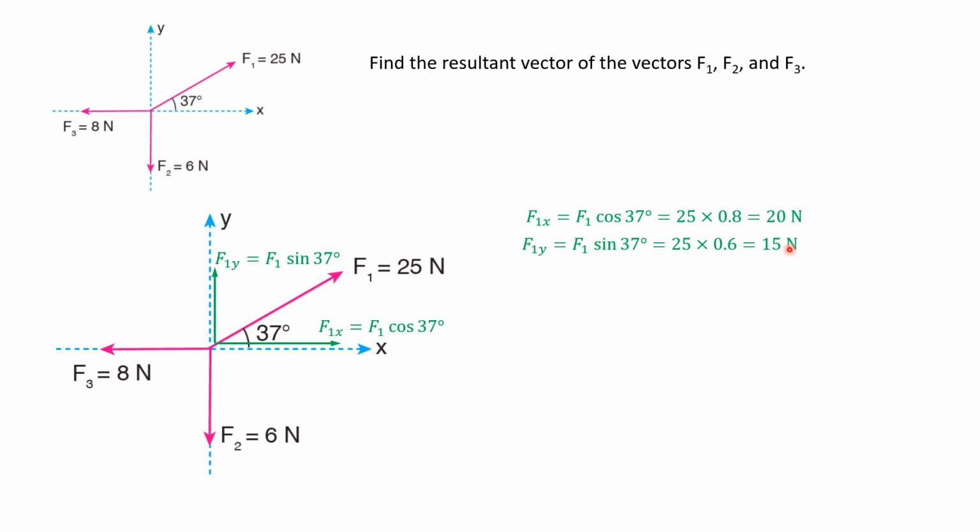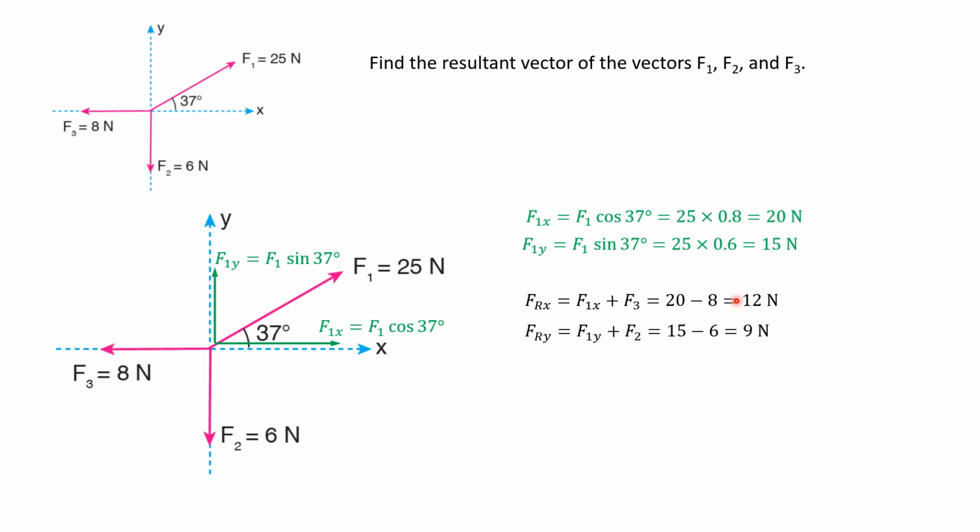Now, let's calculate the x and y components of the resultant vector. Again, for the resultant vector, as we did earlier, the x component is just f1x plus f3. f1x is 20 newtons, which we just calculated here, and f3 is minus 8 newtons because it's pointing in the opposite direction.